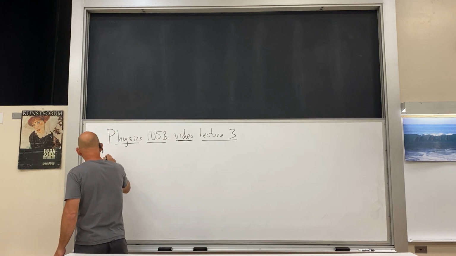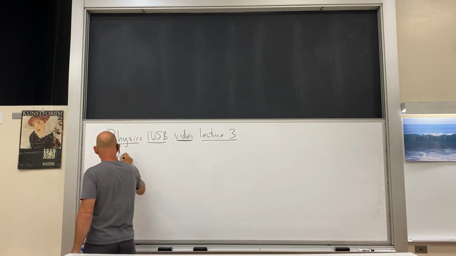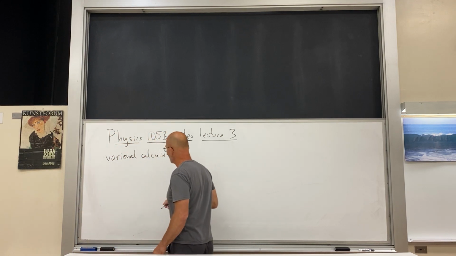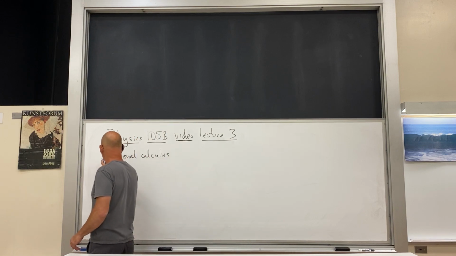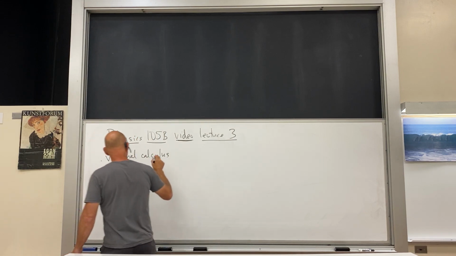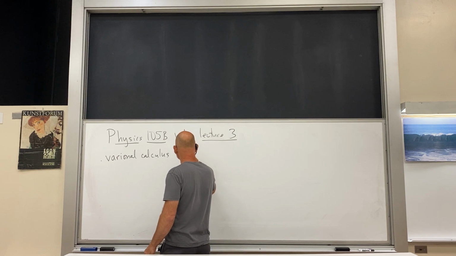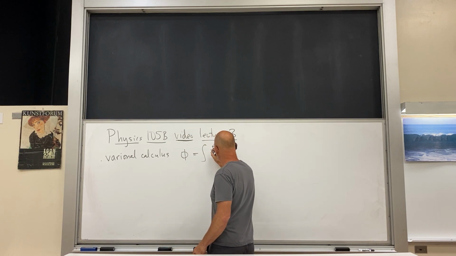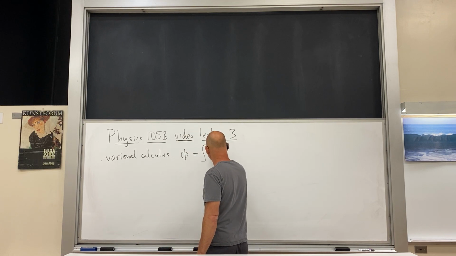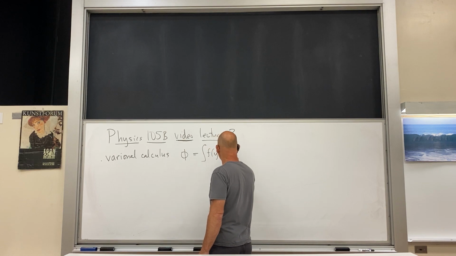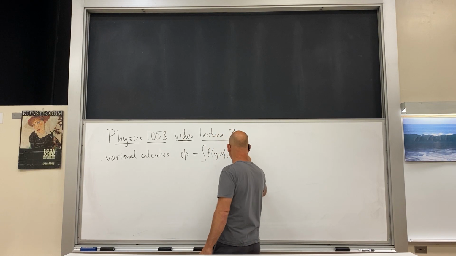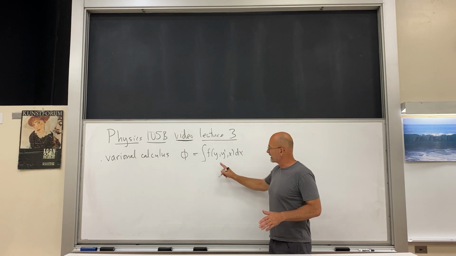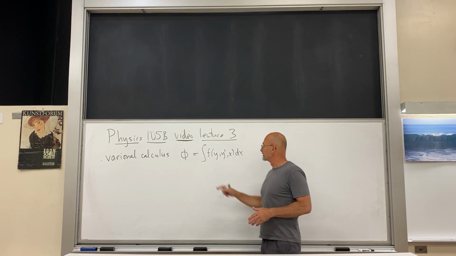So first, just as our topic, we're working on the variational calculus, and the example is the catenary. Well, we have the problem of finding a function y of x that minimizes, maximizes, generally speaking, gives us an extremal value of this integral.